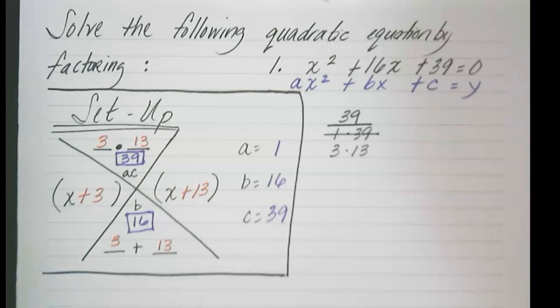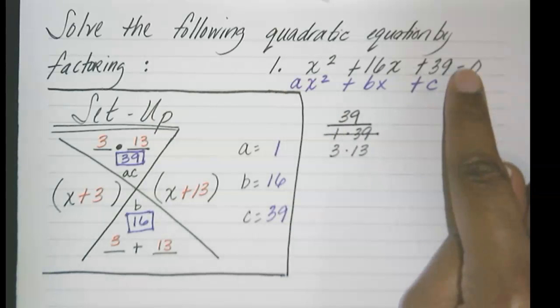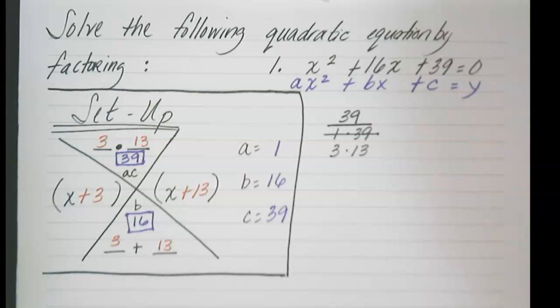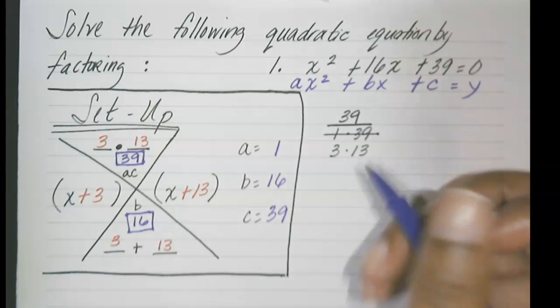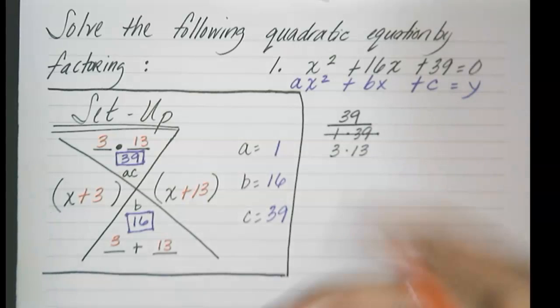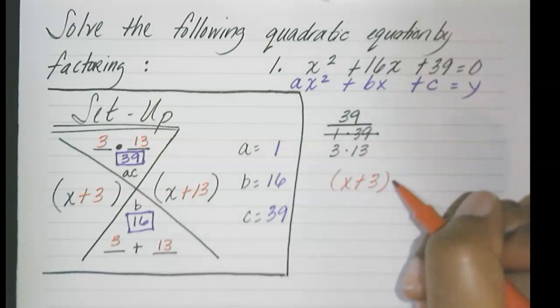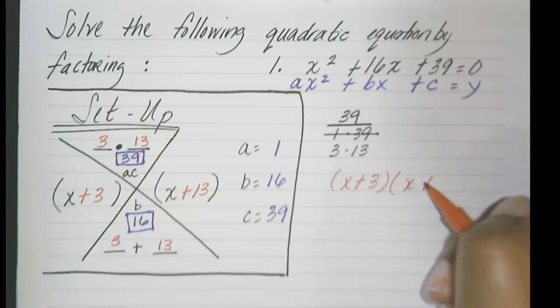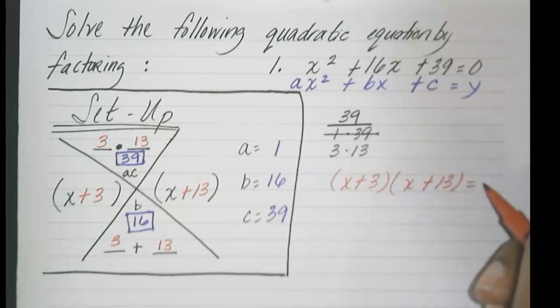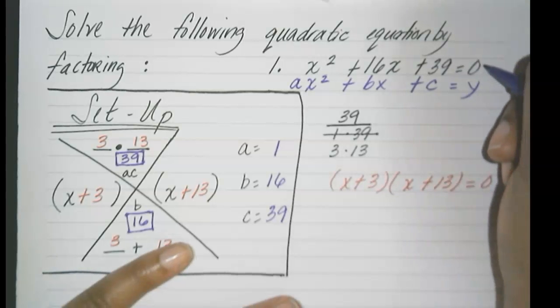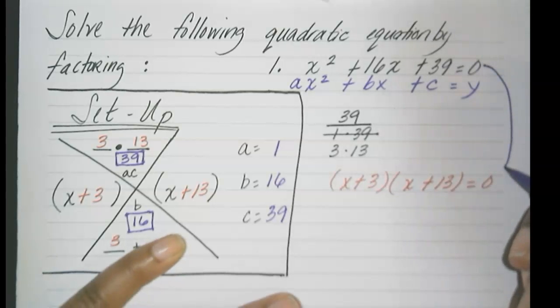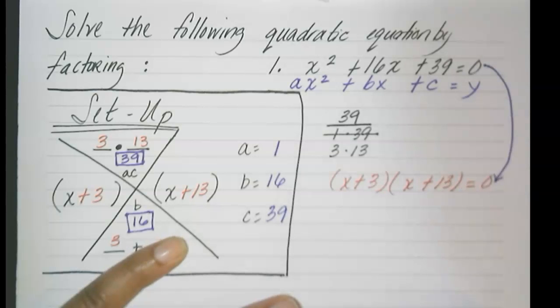So this equation in standard form is equivalent to what we have here: x plus 3 times x plus 13 equals 0. What I was pointing out was that the original equation we started out with and this equation are both equal.